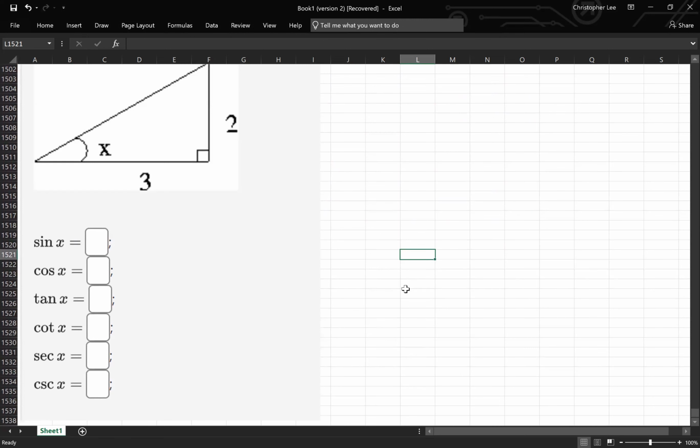So I have this triangle right here. Help me out. What's the hypotenuse? How do I find that? Tell me the formula. A squared plus b squared equals c squared. Very good. And then what's a? 3 squared, good, plus 2 squared equals c squared.